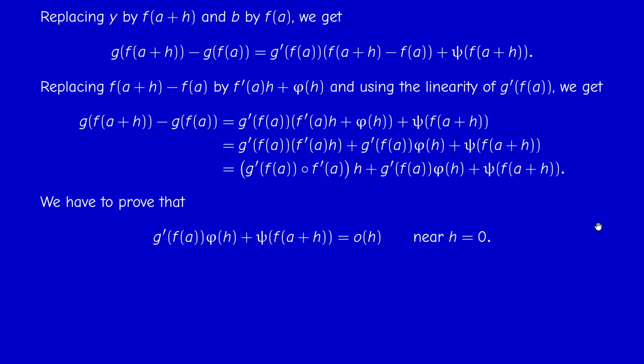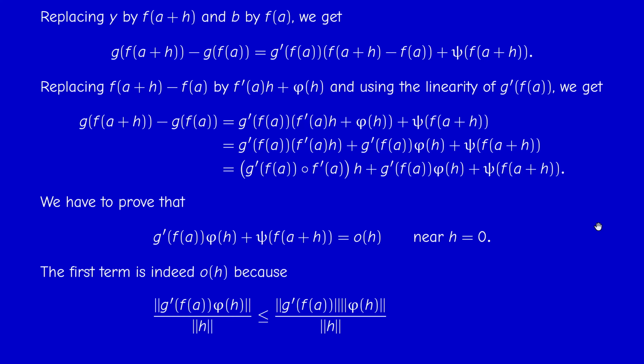Now, the first term is not difficult because you can just go back to the definition. If we evaluate the norm of this quantity and we divide it by the norm of h. Now, since this is a linear bounded map, the norm of its value at phi of h is less than the operator norm times the norm of the argument, which is phi of h.